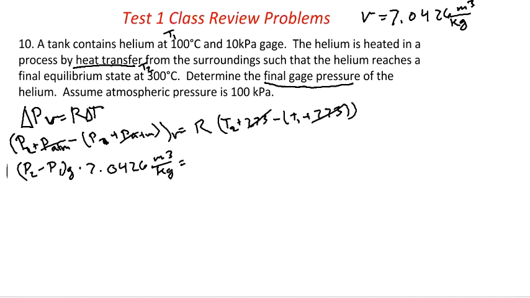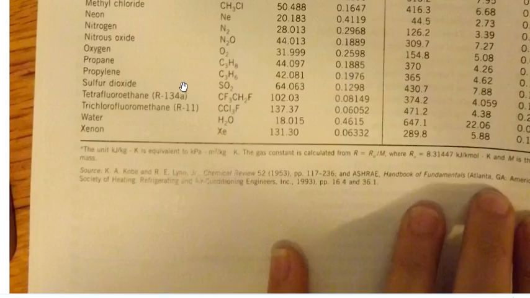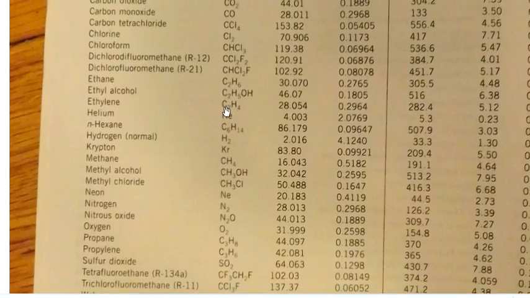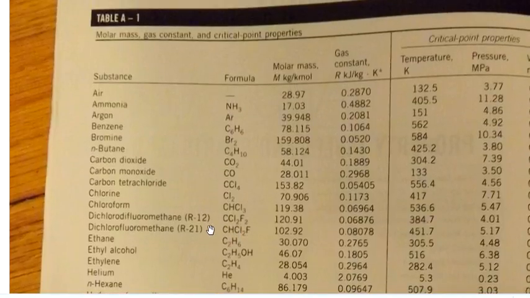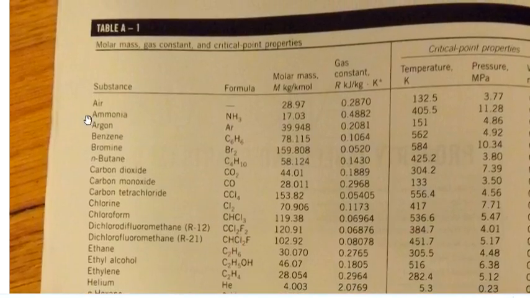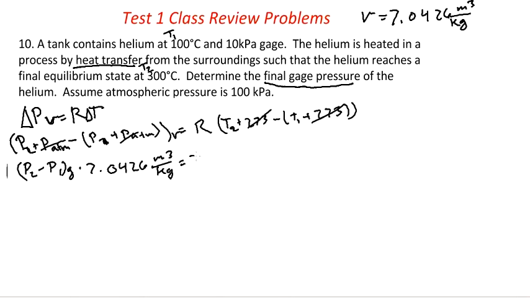equals R. Let's go double check our R again because I forgot it already. Helium is 2.0769 kilopascals times meters cubed over kilograms times Kelvin. This change here is the same if it's Kelvin or Celsius.